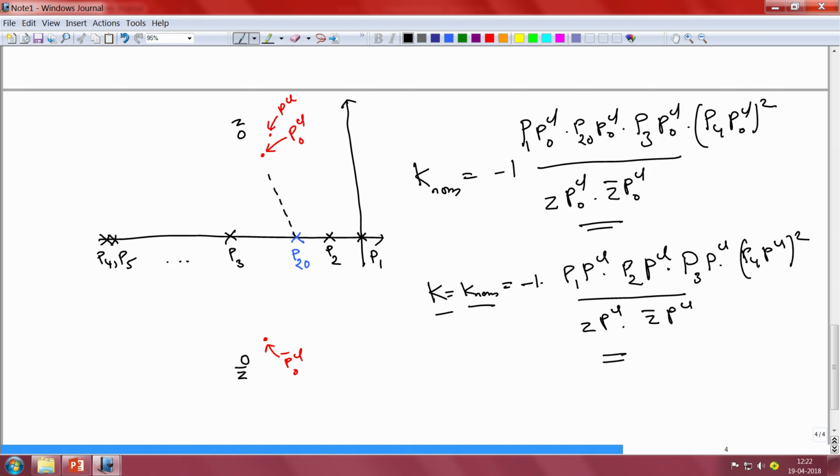Now we will make one simplification in the second equation. If we look at the point P1 PCL, it represents, as I said, the complex number joining the point P1 to the point PCL. Now if we look at the point P1 PCL naught, that represents the complex number joining the point P1 to the point PCL naught.